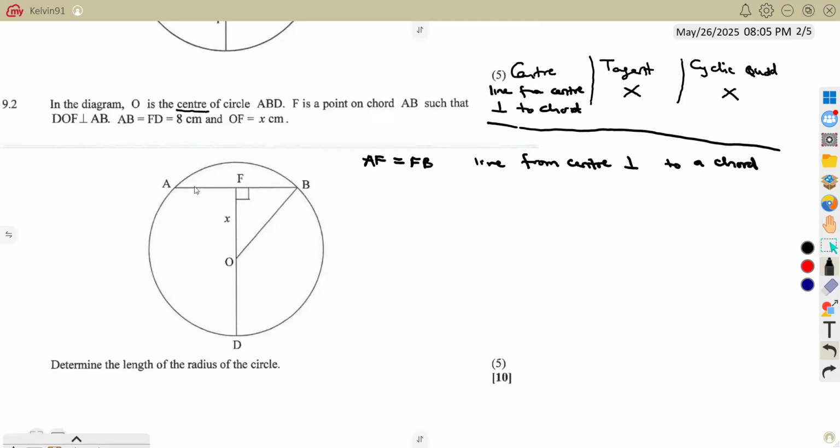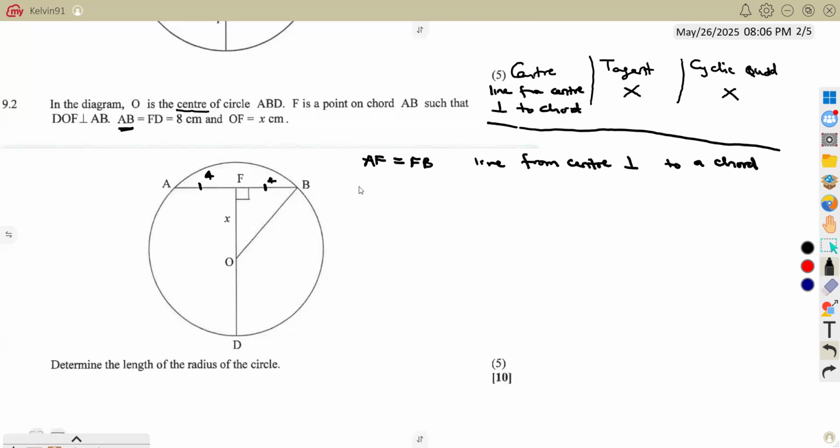Then it means here is equal to that. Then you are told that AB, here it is, is 8 centimeters. So we can therefore conclude that AF is 4 centimeters and this other part is also 4 centimeters.